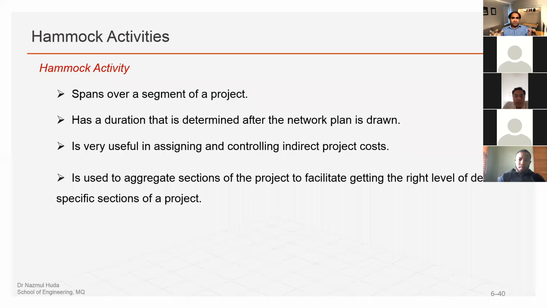These are hammock activities. It should not add to the total chain, or make the project a longer duration, but it can be embedded within the existing chain, and we cannot neglect it. So this is part of the project, and we have to embed it in an existing chain.